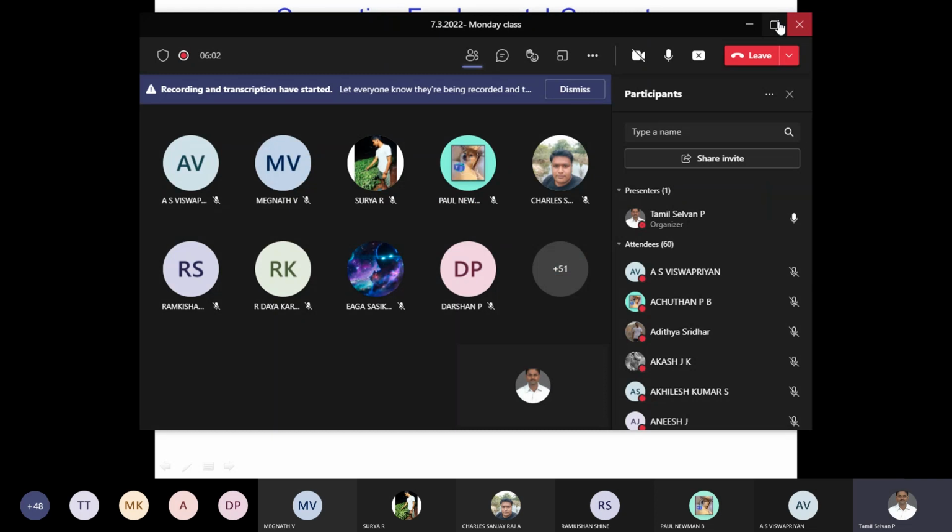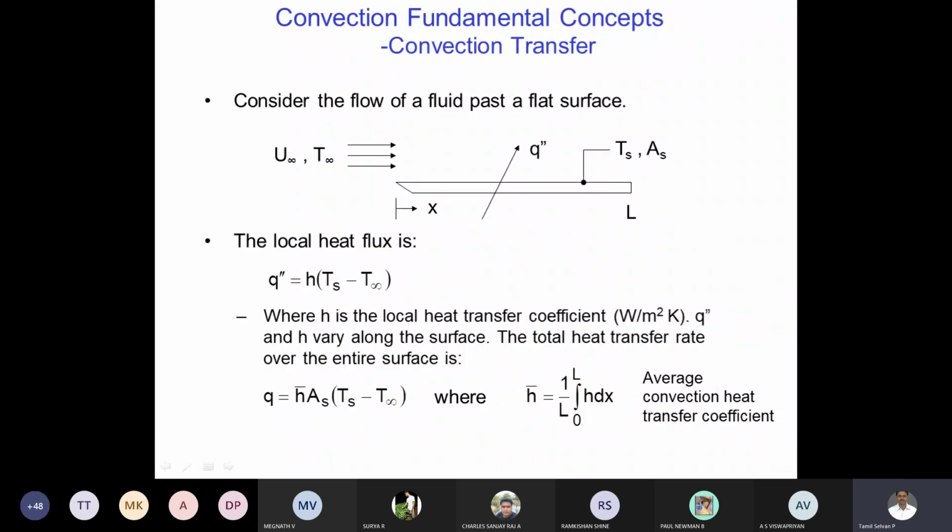So, Q equals h A delta T, where h is the convective heat transfer coefficient. As I mentioned earlier, for liquids it is greater and for gases it is lesser. Convection is usually conduction plus advection, and it involves bulk motion of the fluid over a surface, or heat transferred from a surface to the fluid or from the fluid to the surface.